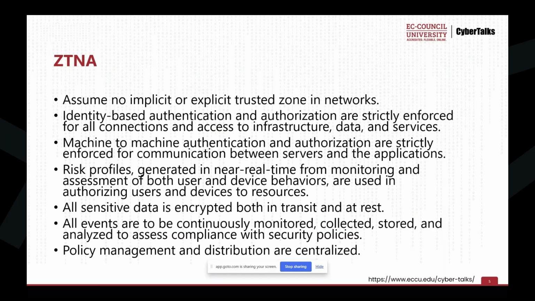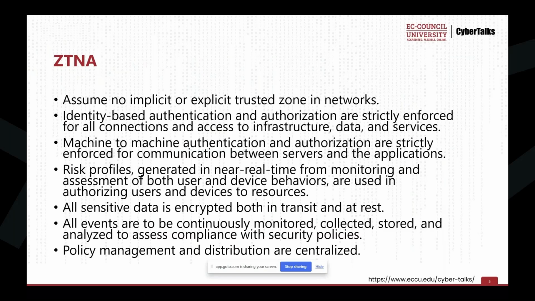Risk profiles need to be generated in near real time for monitoring and assessment of both the users and device behaviors. What we mean by risk profiles is you need to ensure that you've done the baselining and you've identified a risk profile for both user behavior and device behavior.